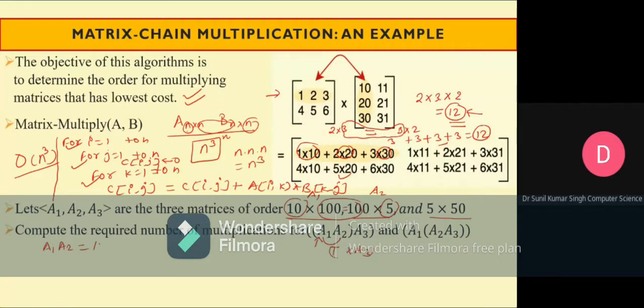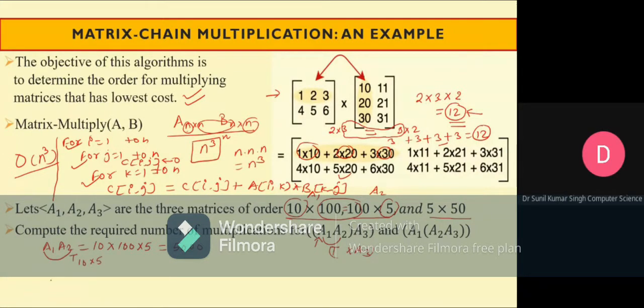So 10 into 100 into 5. What is its value? It is 5,000. Now we call this T. What will be the order of this new matrix T? 10 cross 5.